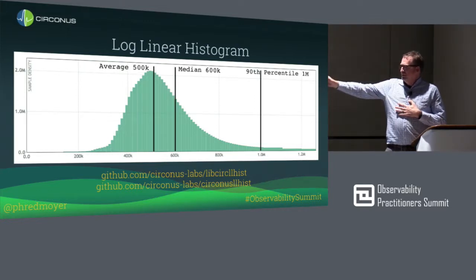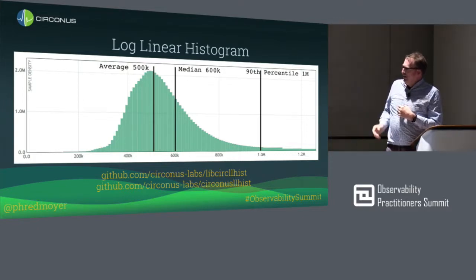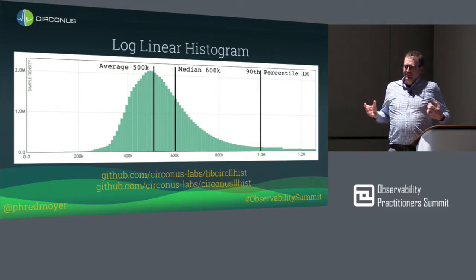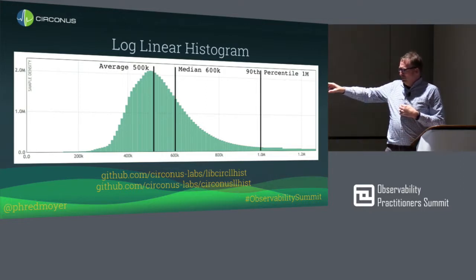And so you'll notice at the 1 million boundary on the x-axis, the bin size increases by a factor of 10. What this allows us to do is have a very wide range of values that we can represent, but still be statistically significant. The implementations for this are on GitHub below.